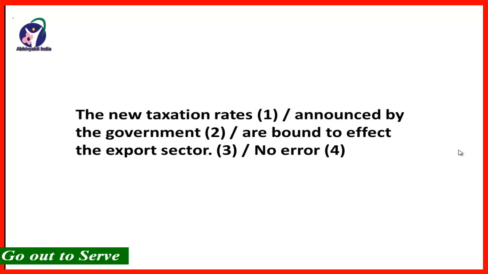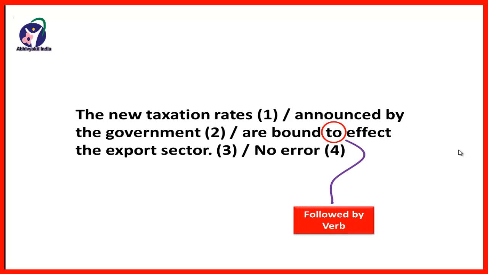The second sentence is: the new taxation rates announced by the government are bound to affect the export sector. Here in the sentence, to is always followed by a verb, so keep it in your mind.